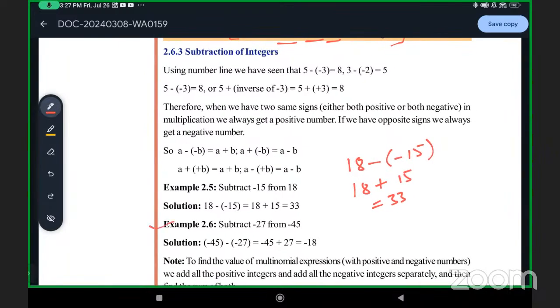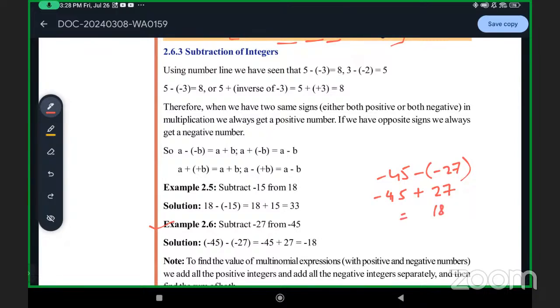Subtract minus 27 from minus 45. Minus 45 minus minus 27 becomes minus 45 plus 27. Now minus plus, so subtract 27 from 45. It is 18. Look at 45, it is negative, so 18 will be negative. Like this we solve.